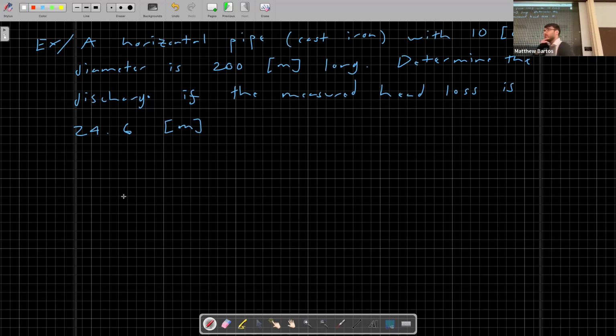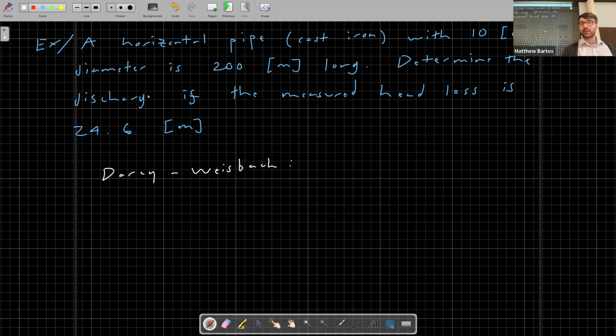So we're going to apply each of our different equations for the frictional losses and compare the results. First, let's look at Darcy-Weisbach. Let's go ahead and apply Darcy-Weisbach, and let's use that table.